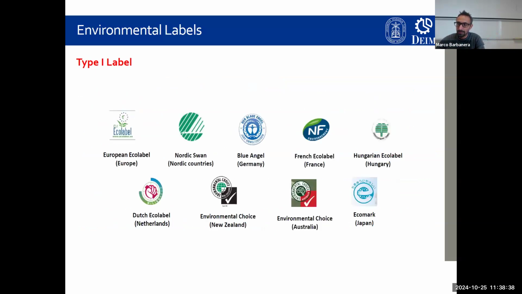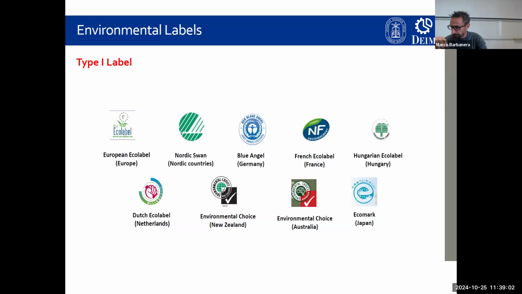Worldwide, we have different kinds of type 1 environmental label. In Europe, the most famous and the most widespread type 1 environmental label is the first one in this slide, Ecolabel. The European Ecolabel is the most known type 1 label in Europe.